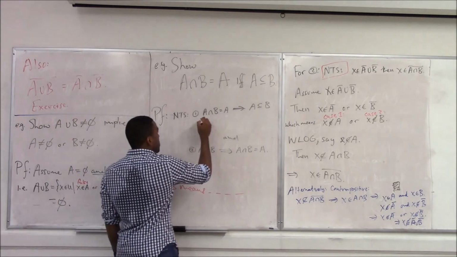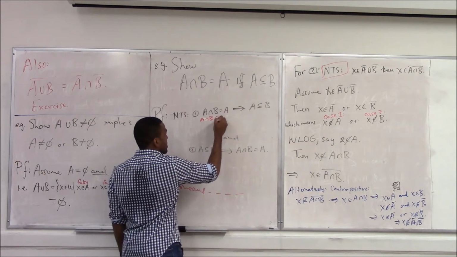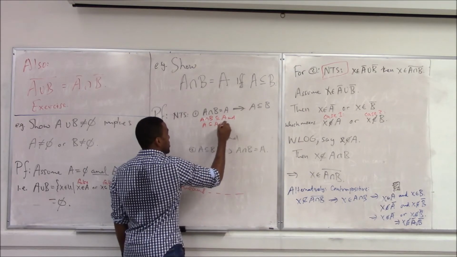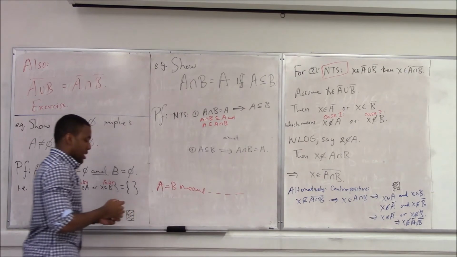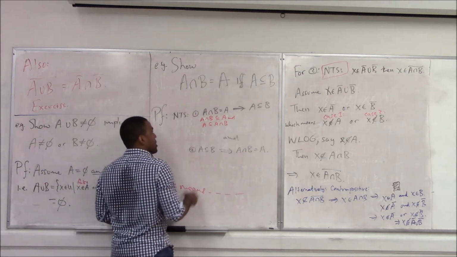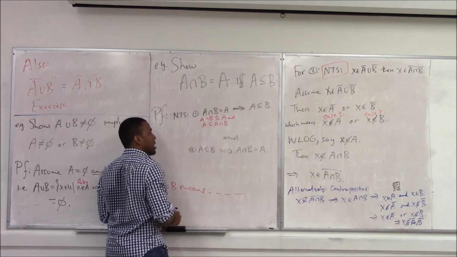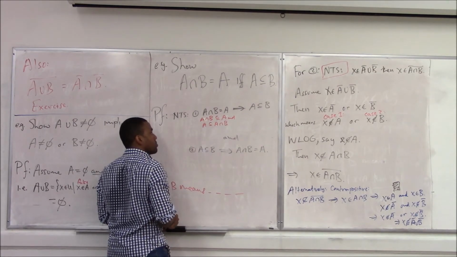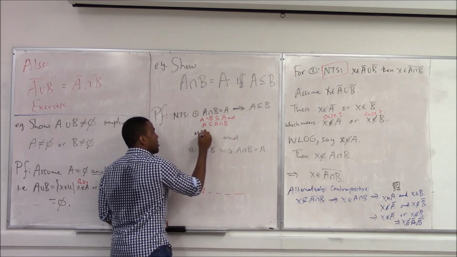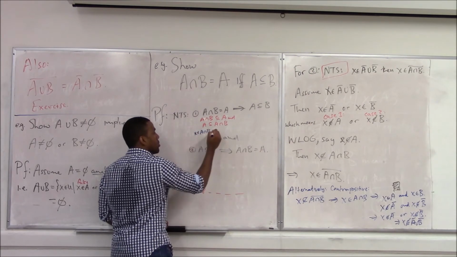A intersect B equals A means A intersect B is a subset of A, and A is a subset of A intersect B. Okay. Now, what does that mean? What does it mean to say this is a subset of that? x is in A intersect B. x is an element of A intersect B.